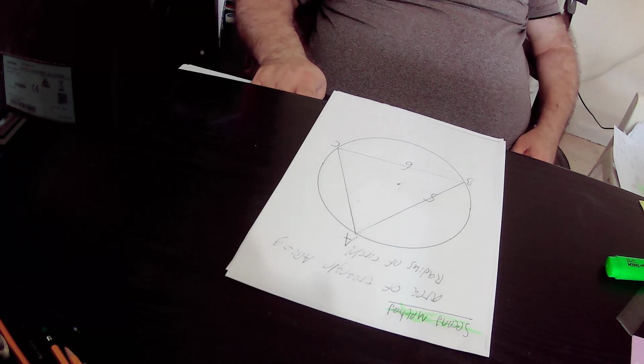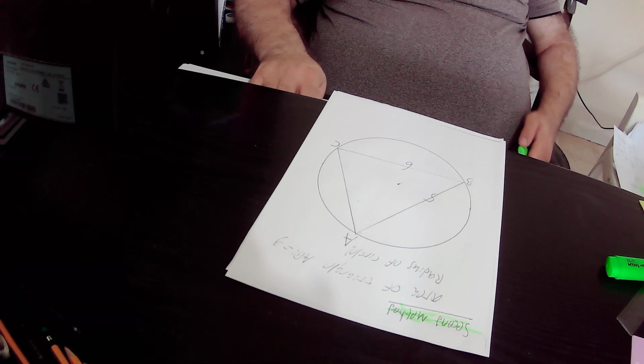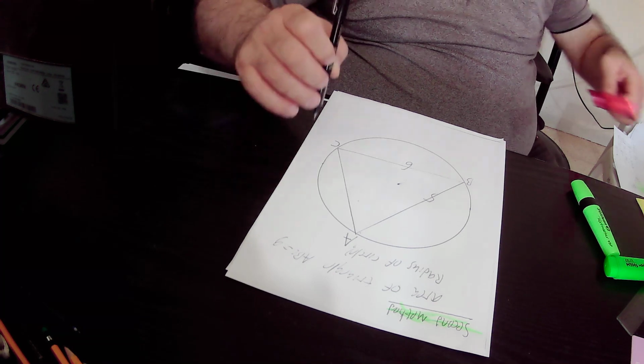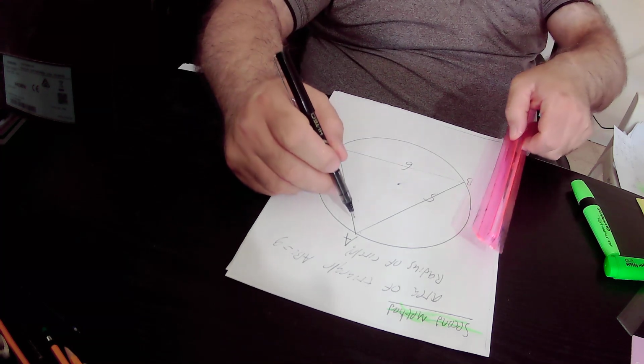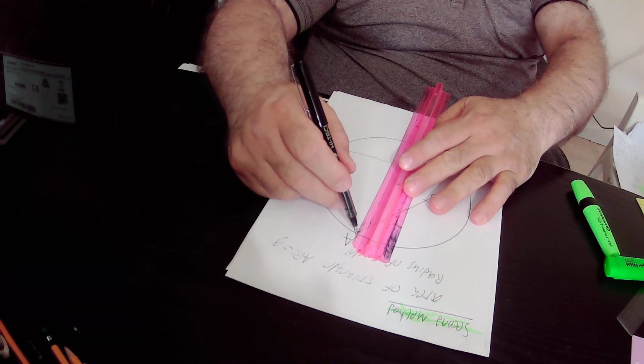In the second method, we use all the things that we have already found out in the first method. So here from point A we draw a perpendicular on BC.